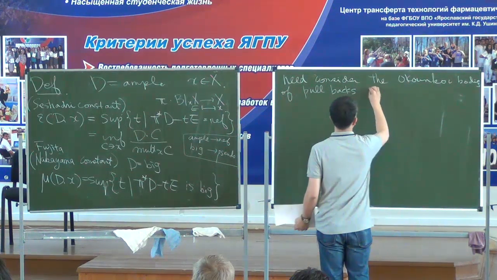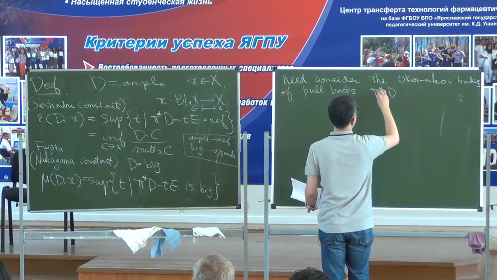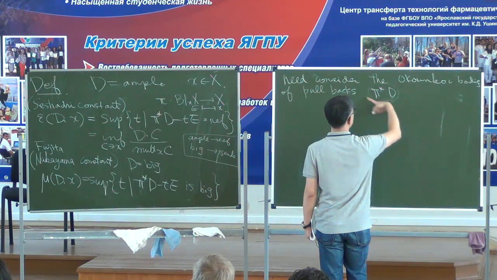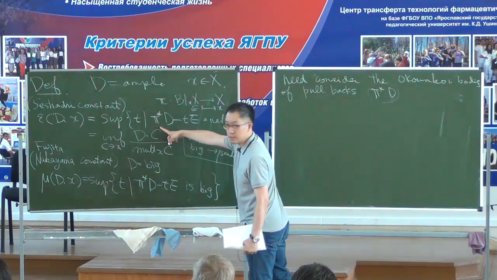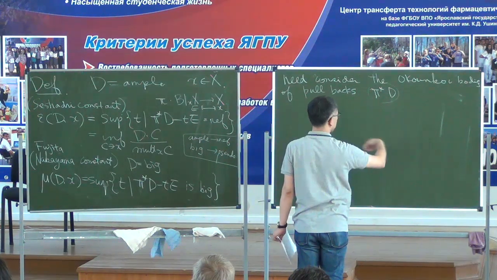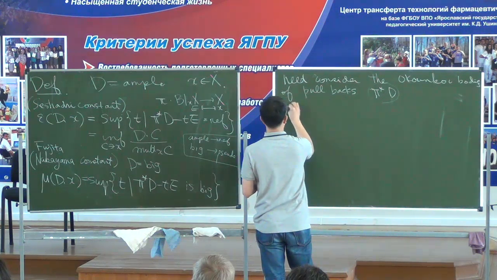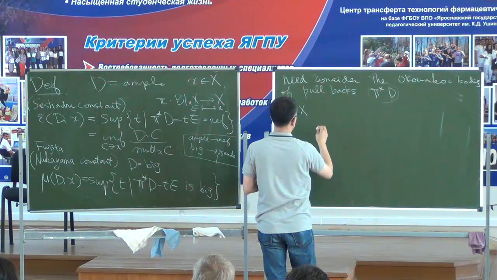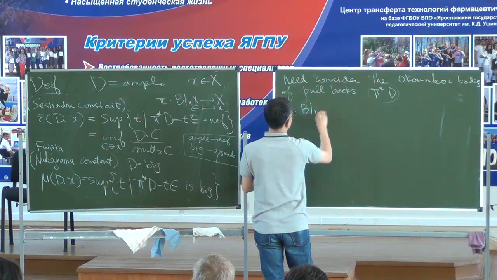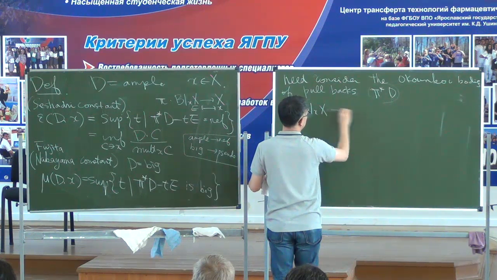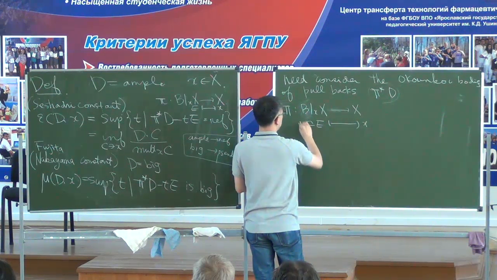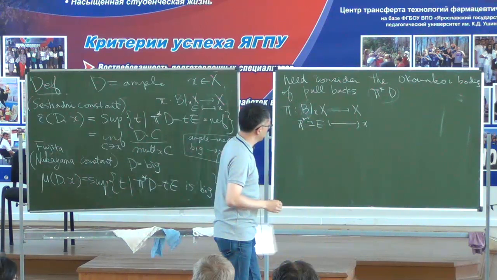Okay, so we need to look at the Okounkov bodies of this pullback as we did here. And we also need to use admissible flags of a certain kind. So pi, the blow up of x, and we have the exceptional divisor, which is isomorphic to P^(n-1).